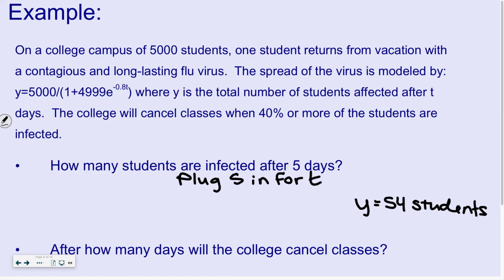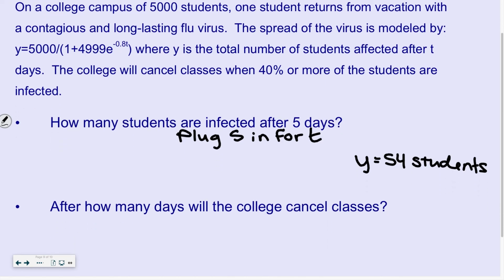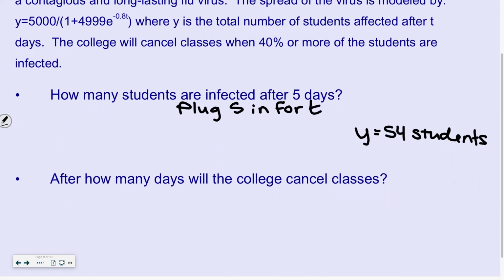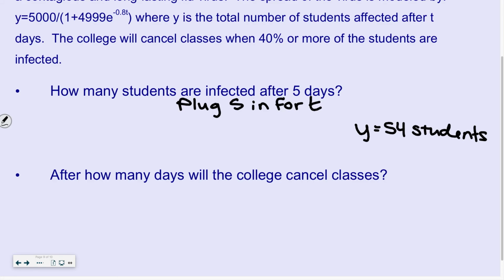The second question, probably the one that requires a little bit more thought, is after how many days will they cancel the classes? So what do you know about the college canceling class? 40% or more of the students. How will we figure out how many students that is? 40% of the 5,000 student population, right?